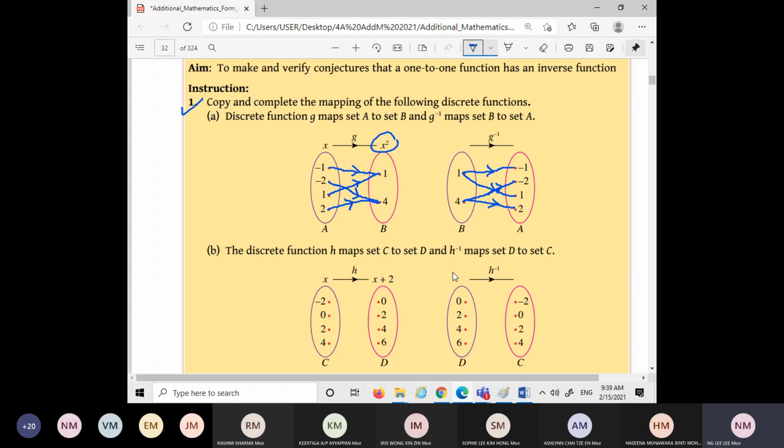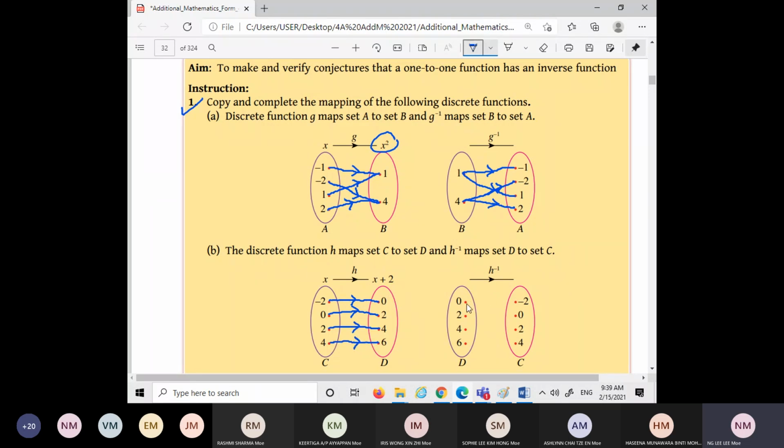Okay, then we look at the B. We do the mapping first. So the function h is x plus 2, means the object plus 2. So -2 plus 2 is 0. 0 plus 2 is 2. 2 plus 2 is 4. 4 plus 2 is 6.